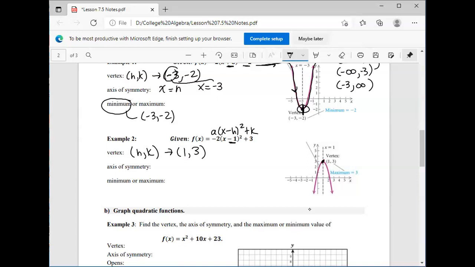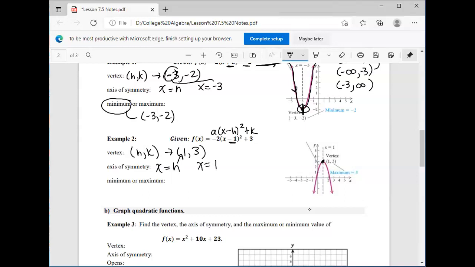The axis of symmetry is supposed to be X is equal to H. This is not a trick. So whatever you got for this, the equation is supposed to be X equals 1. That's the line, X equals 1, where you would fold it, where it's the same on both sides. Does this have a minimum or a maximum?